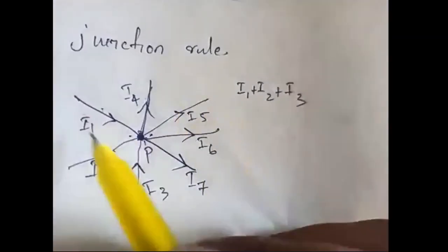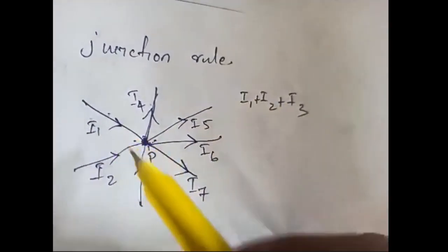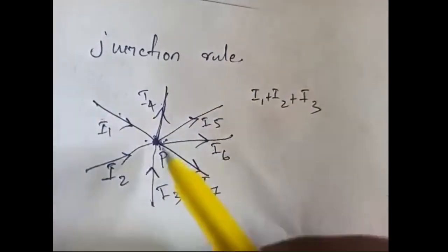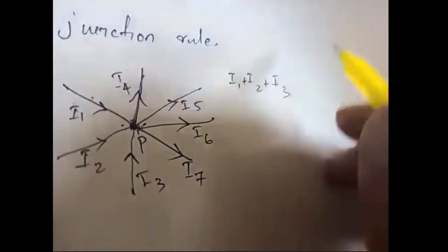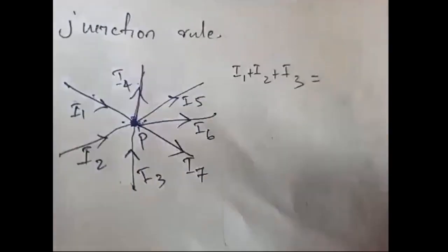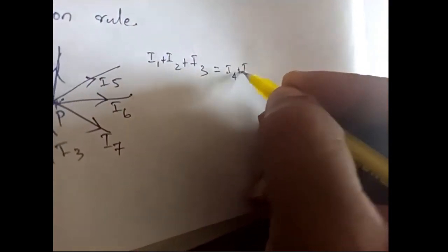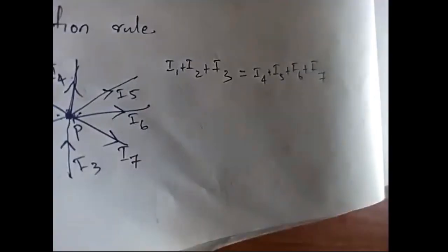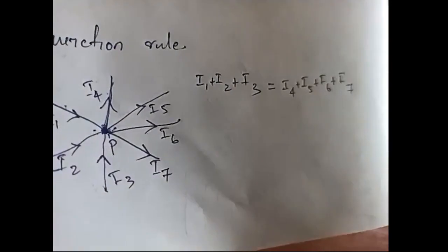That means if a large number of currents are meeting at a point, say I1, I2 and I3 are entering here, and I4, I5, I6 and I7 are leaving from this junction, then the total current meeting at the junction will be equal to the current leaving the junction, that is I4 plus I5 plus I6 plus I7.